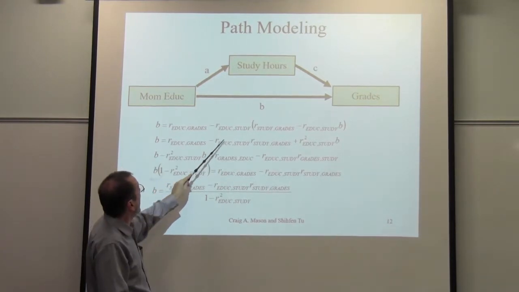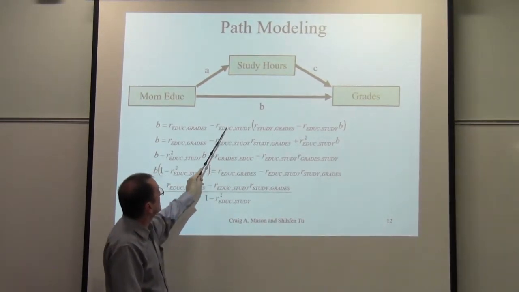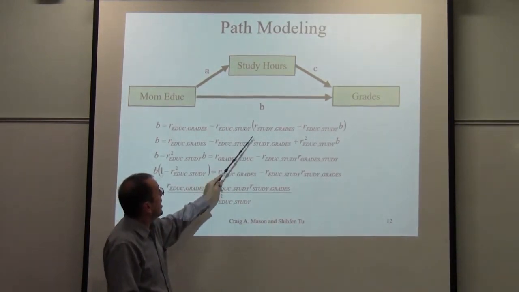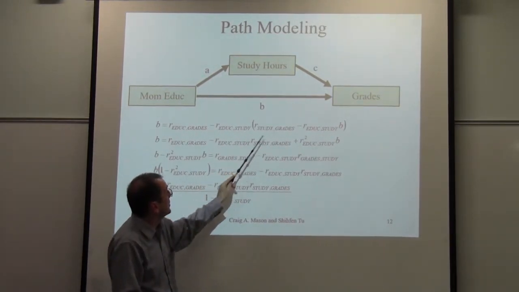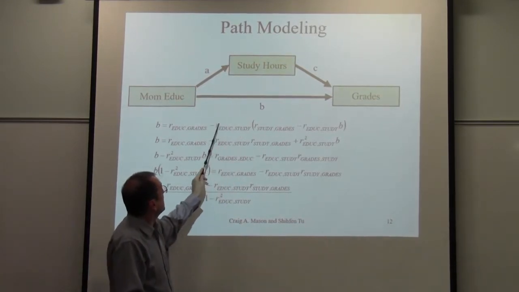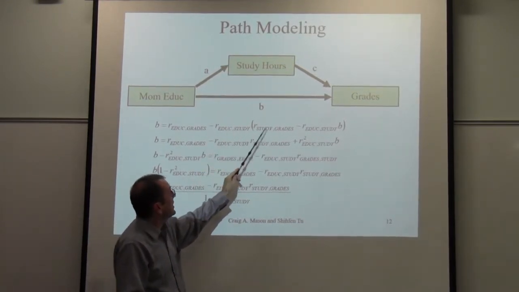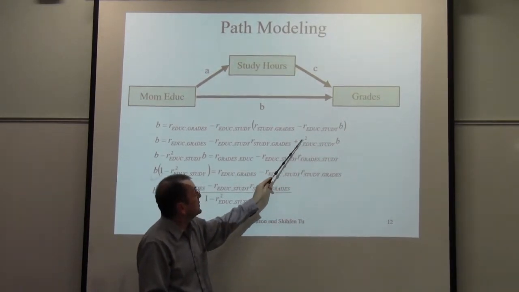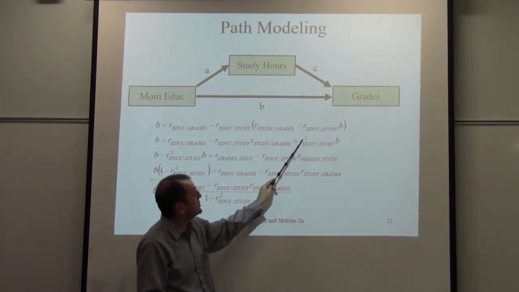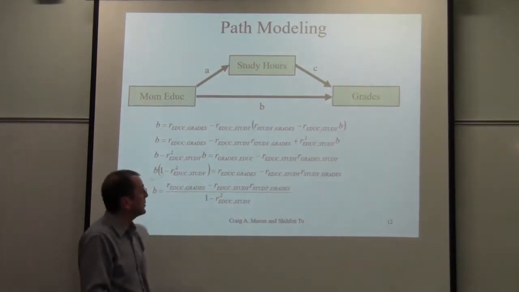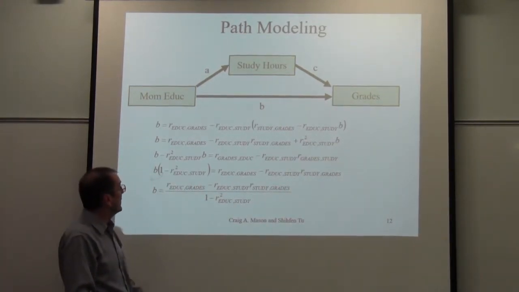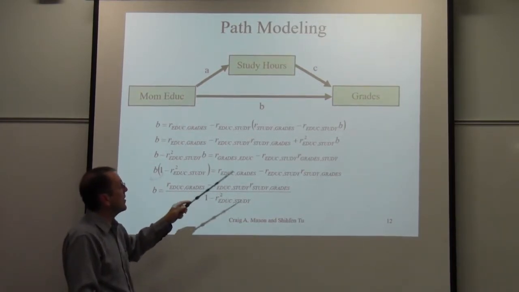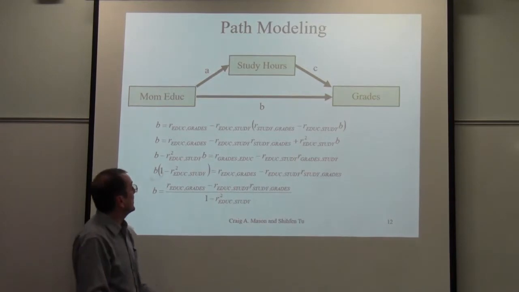And so we'll start off by, let's multiply this out. So the correlation of education and study hours times the correlation of study hours and grades, minus the correlation of education and study hours times negative the correlation of education and study hours times B. So that's plus the correlation of education and study hours squared times B. Okay?